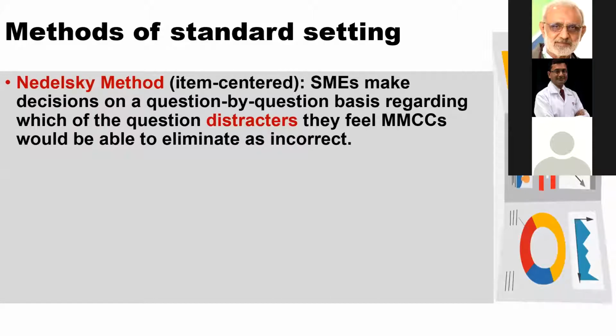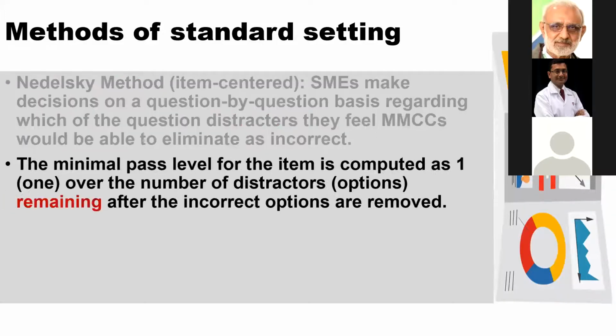This means that when they look at the question and the different statements, including the key and the distractors, the SMEs decide which of the distractors a minimally competent candidate would identify before answering the question.